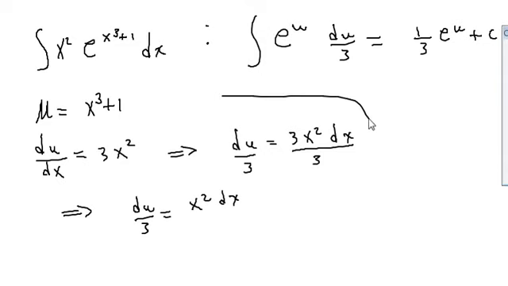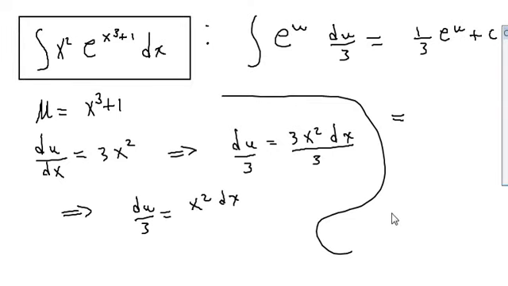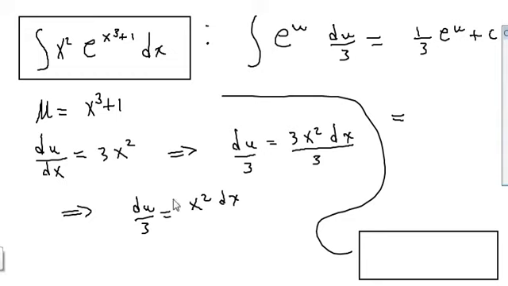So this implies that this integral here is going to be equal to 1 over 3 e to the x cubed plus 1, plus c. And this is the way you do integration by substitution.